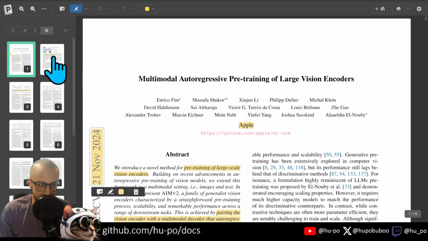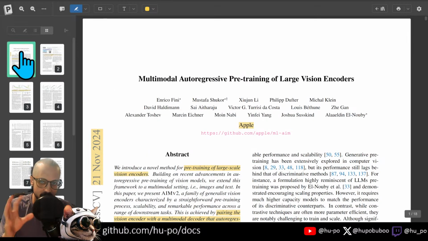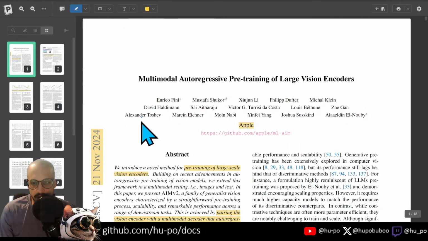So the vision encoder is basically the first neural network module that consumes an image, right? So vision encoders, you could think of them basically as the visual cortex of a vision language model, right? And this paper by Apple is a paper where they show that you can effectively autoregressively pre-train these vision encoders.